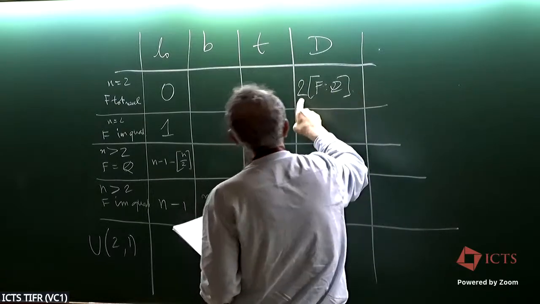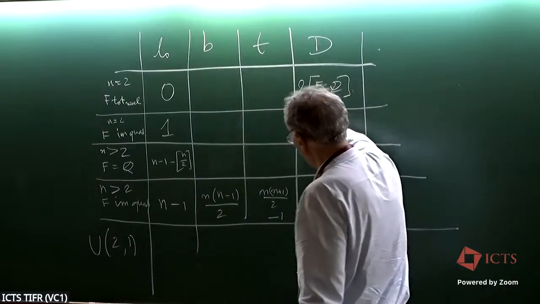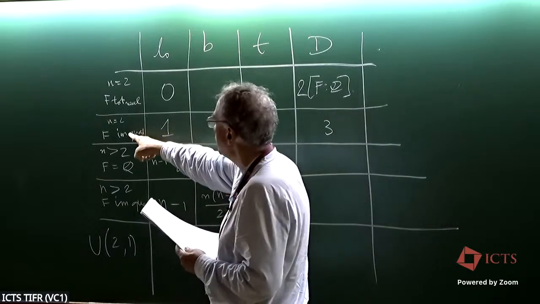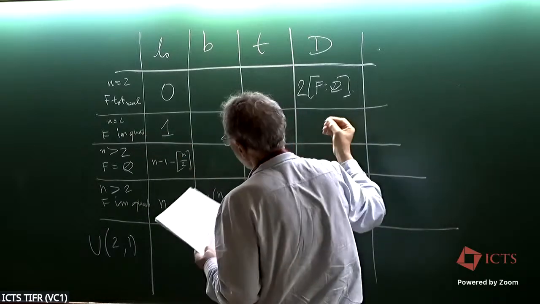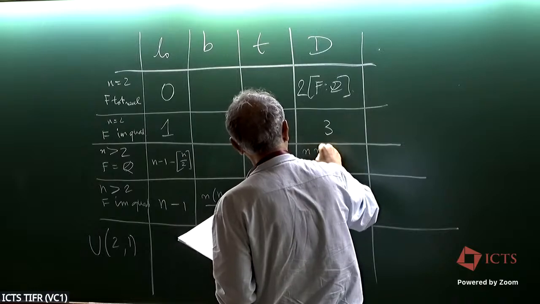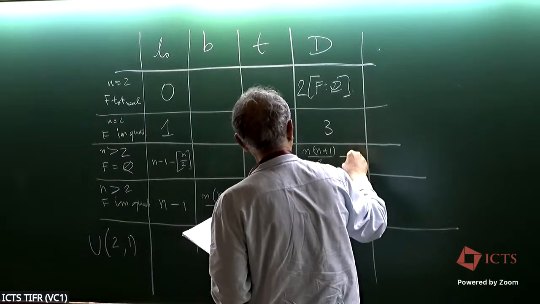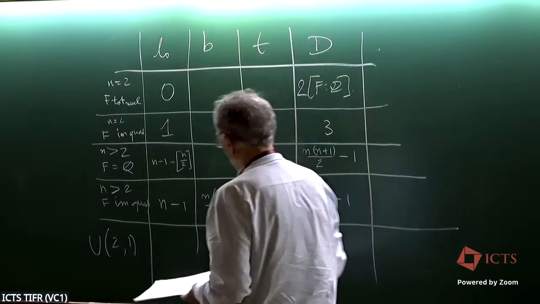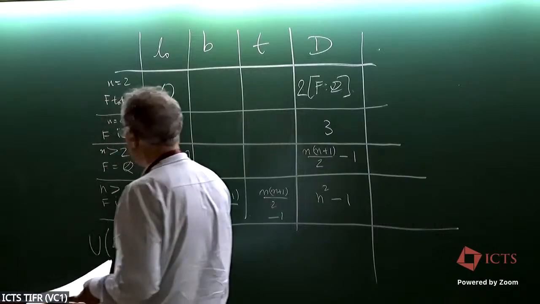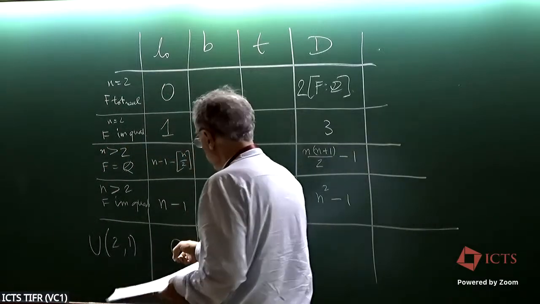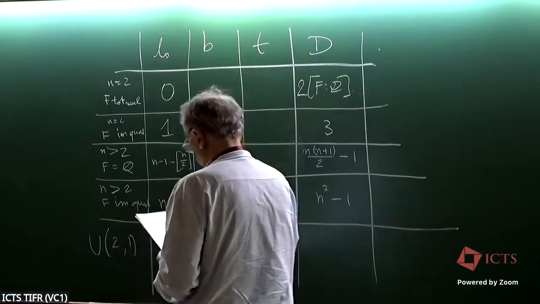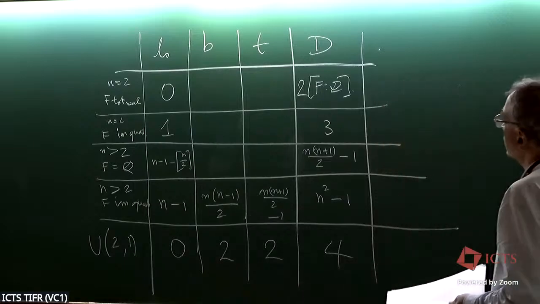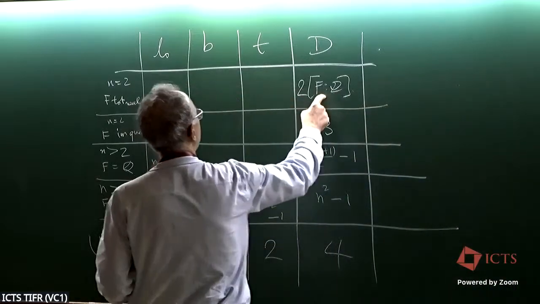No, sorry, twice, because I consider the real dimension. So here it is 3. This is the so-called Bianchi variety, manifold, I don't know. Here it's N plus 1 over 2 minus 1. Here it's N squared minus 1. So for U(2,1), there is no defect because this is the Picard surface, which is a Shimura variety. So there is no defect. The degree is 2 and the dimension is 4. Here, this number I call D.